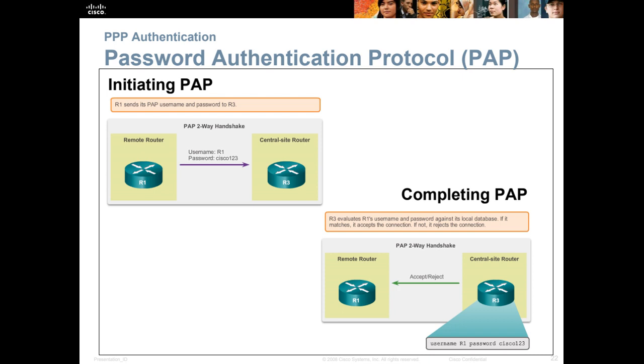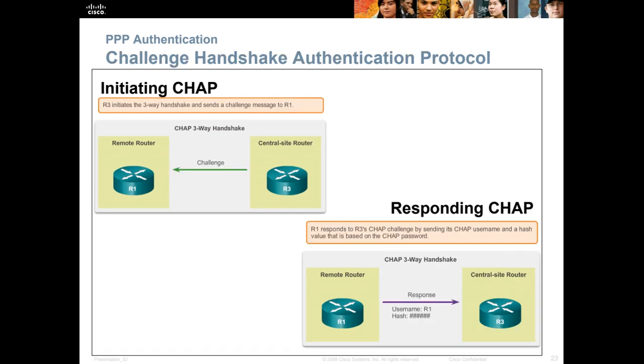I have your information. Come. This is how it is done. CHAP, no. CHAP is the head central will send the challenge question, and the remote router will send the answer with hash information.